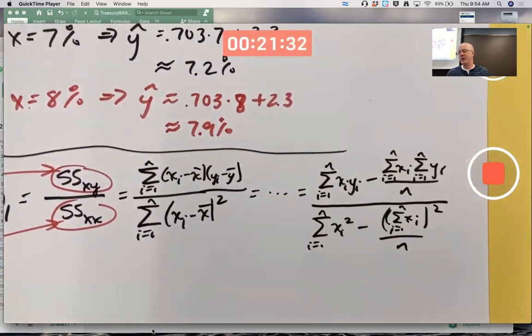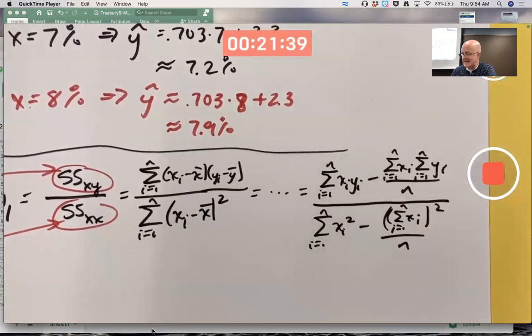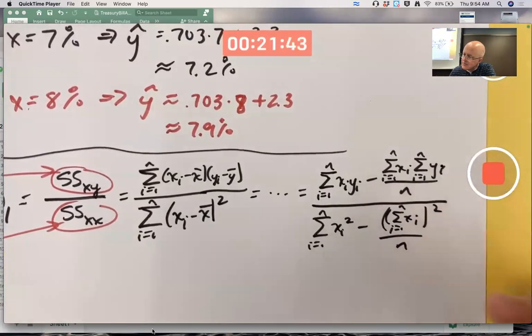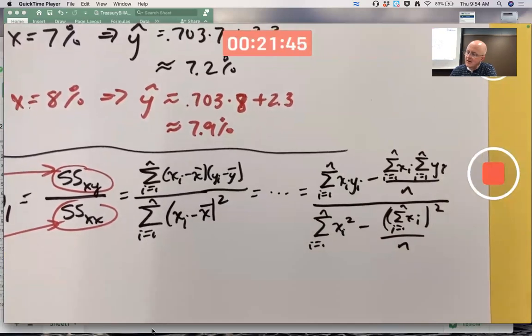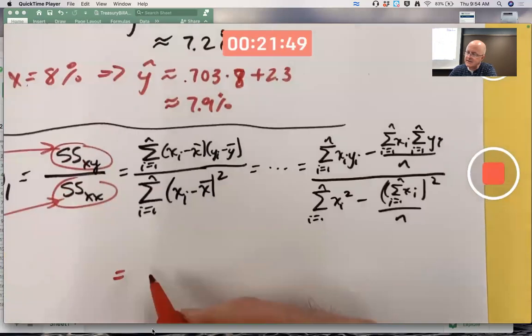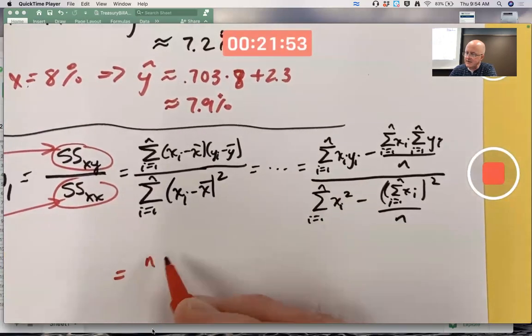That's still not the final form in the book, because what the authors do is multiply the top and the bottom by n. It's the yi here, by the way. If you multiply the top and the bottom by n, you get rid of the fractions within fractions. But when you don't have over n's, you need n's in front.